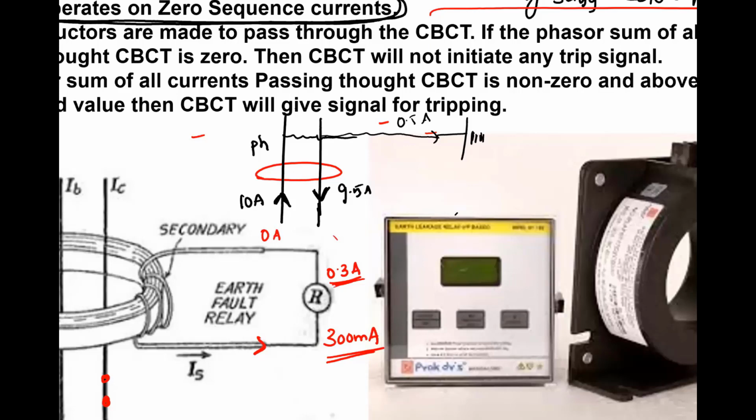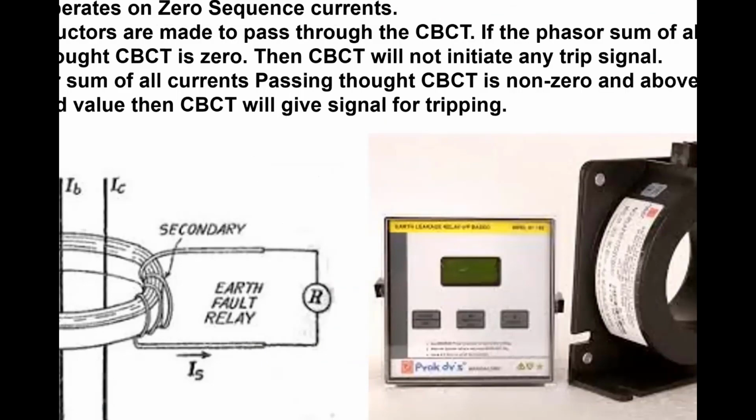Somebody has touched some live terminal and current is flowing through his body to the ground. Whenever this difference in current exceeds 30 milliampere, for domestic protection, that is, if the difference in current flowing through phase and neutral is more than 30 milliampere, then immediately your RCCB will trip.